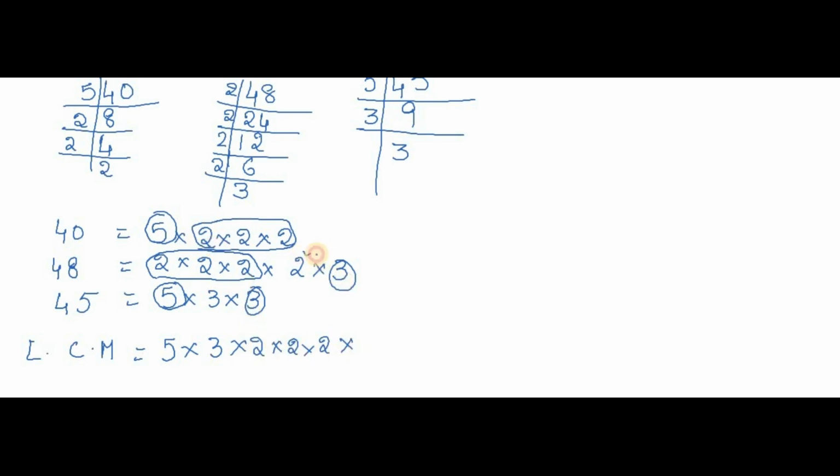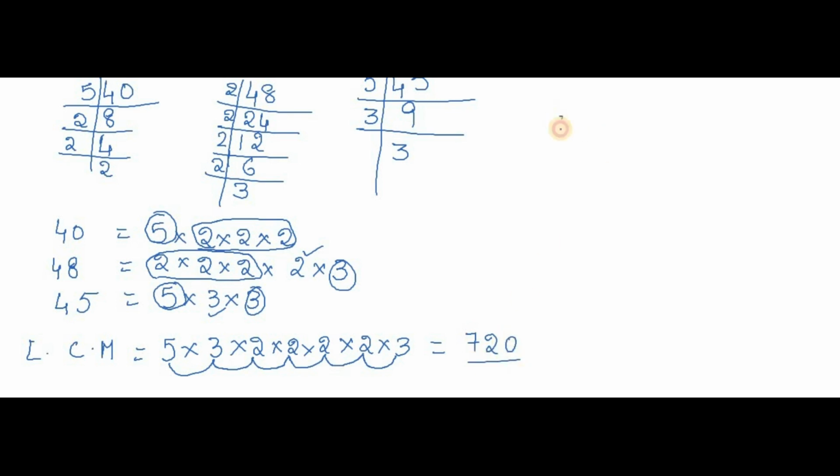And now which are not common, 2 3. Now we will start multiplying. 5 3s are 15, 15 2s are 30, 30 2s are 60, 60 2s are 120, 120 2s are 240, 240 3s are 720.